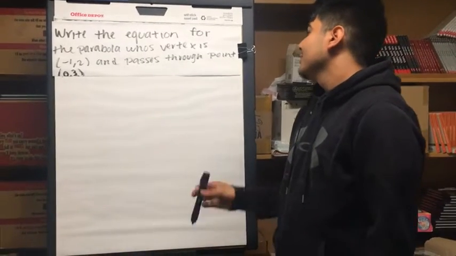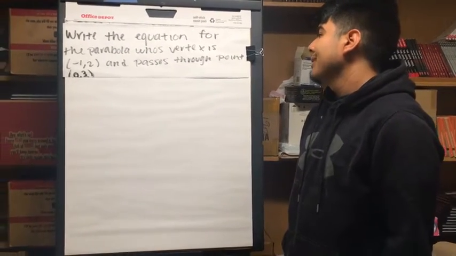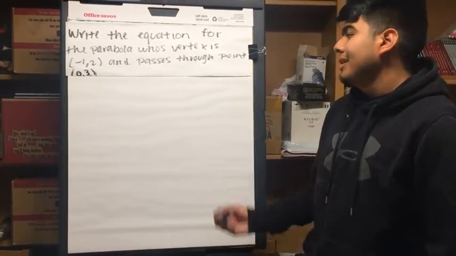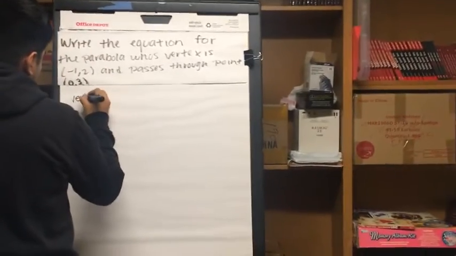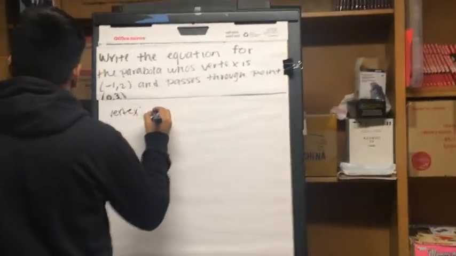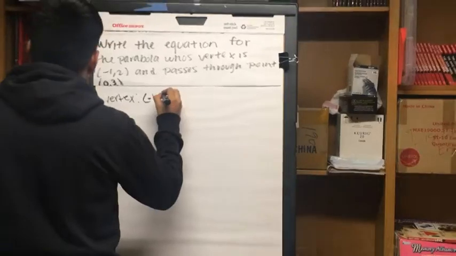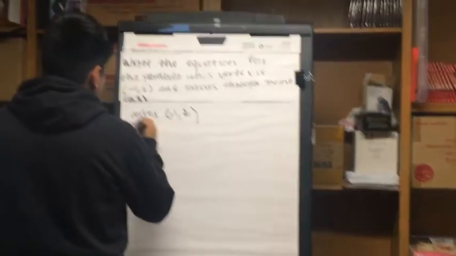Equation for the parabola whose vertex is -1 and 2 and passes through the points 0 and 3. Alright, so the vertex is -1 and 2.